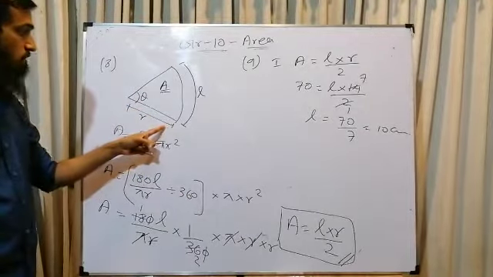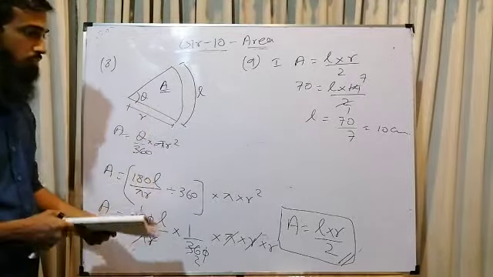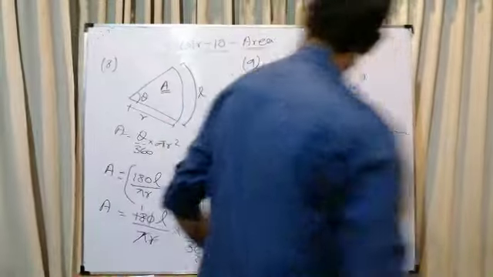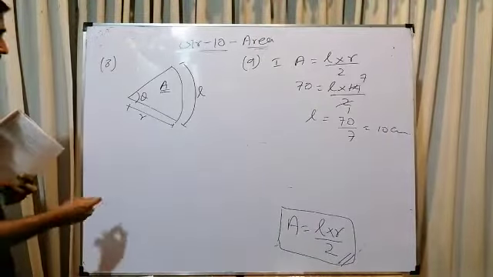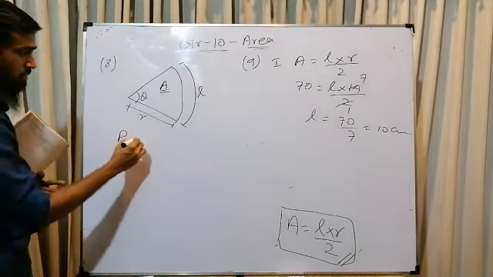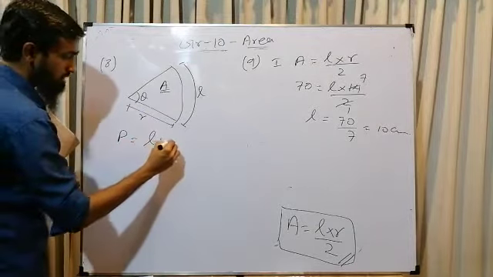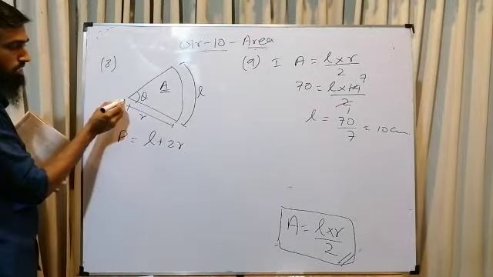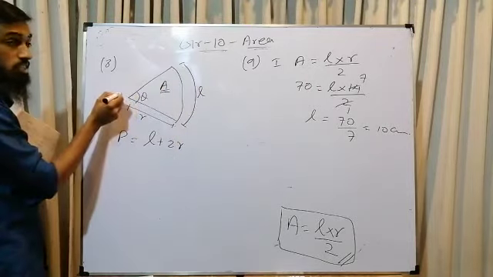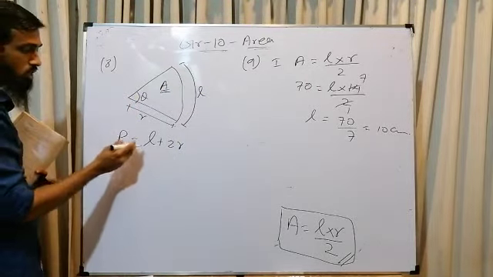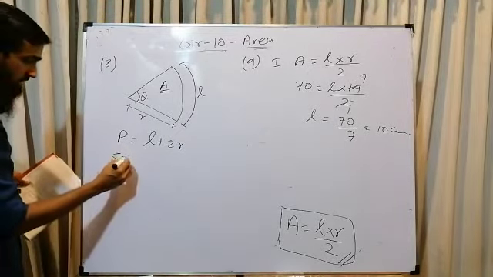What is the connection of perimeter and arc length here? Using the perimeter we are going to find the arc length. So perimeter equals arc length plus 2r. If you start here, r plus L plus another r, that is the perimeter. So perimeter is equal to L plus 2r. The perimeter is given as 58.